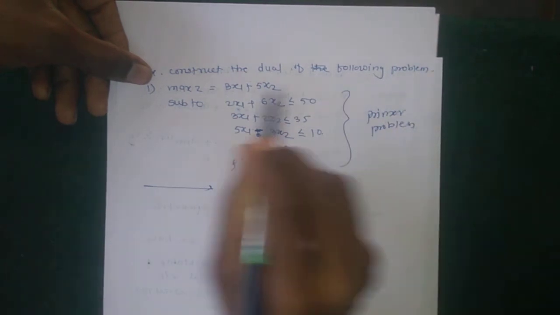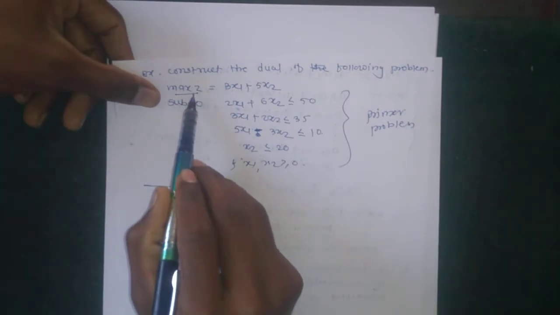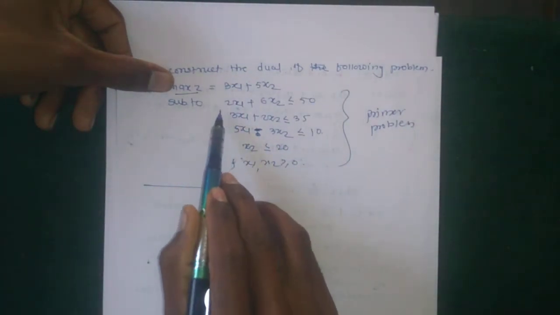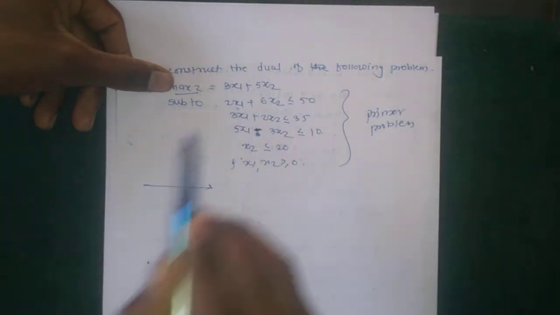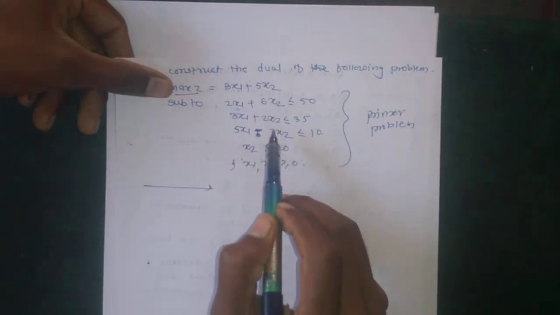In the primal problem, the objective function is of maximized type. The number of constraints is 1, 2, 3, 4. Four constraints are given in the primal problem, and there are only two variables.